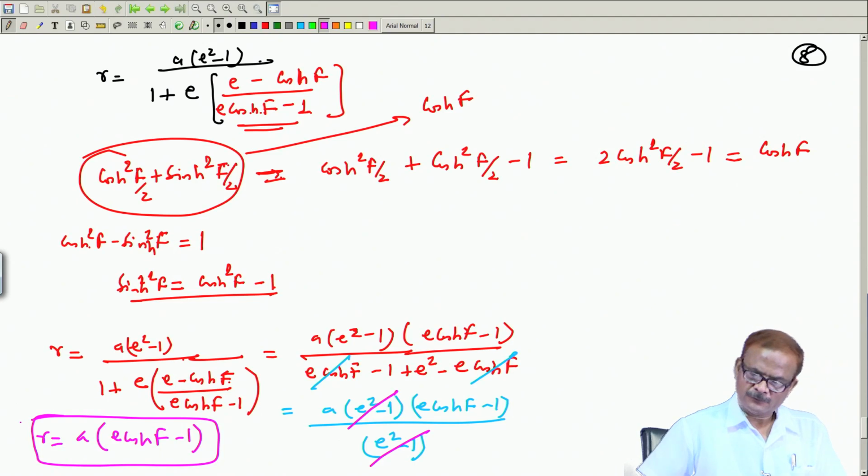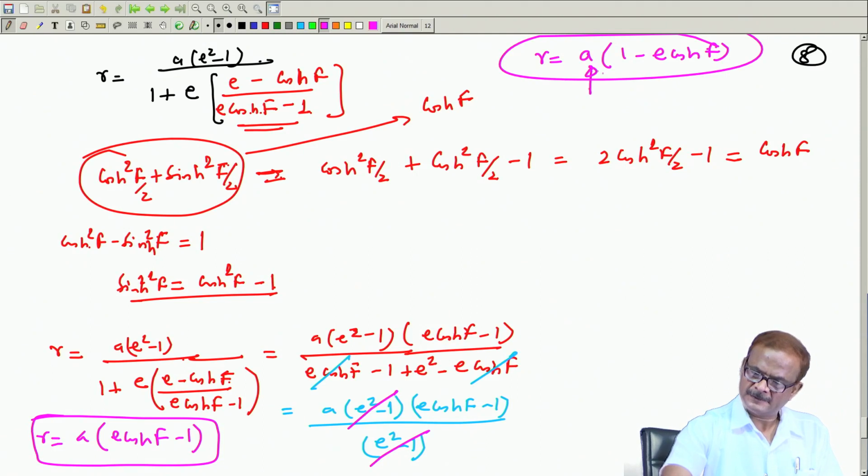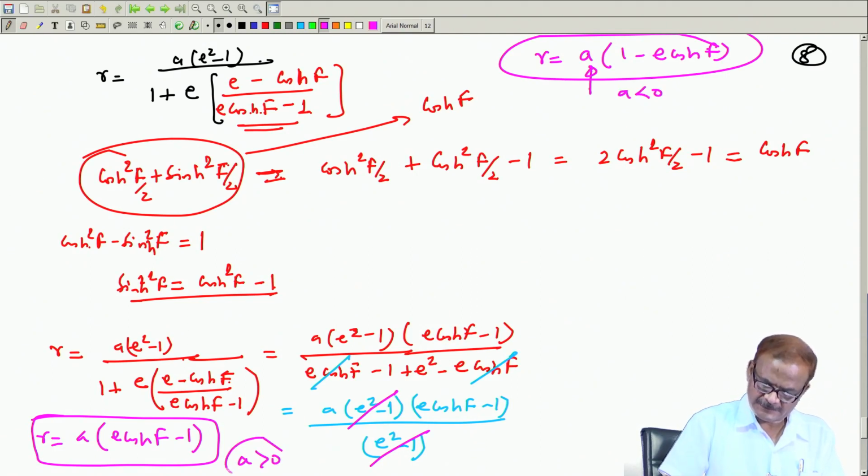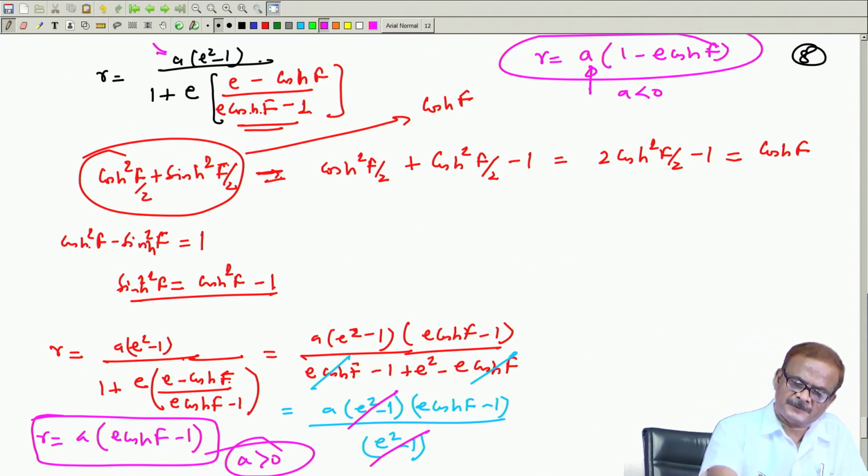Okay. So, you can notice the difference that earlier we got the expression a times (1 minus e cos hyperbolic f) for r, but there a was taken as less than 0. Here a is greater than 0. This is the difference, because this is the way we have expressed it here.